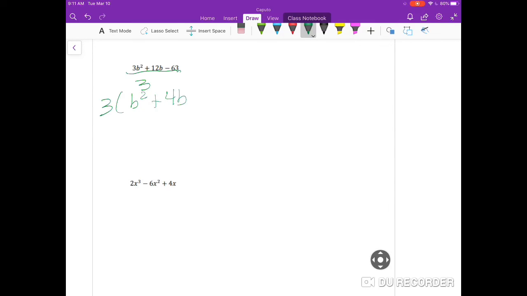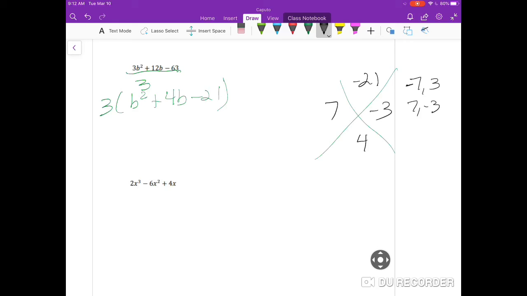Divide by 3, negative 21. Okay. Now, make your x. Numbers that multiply to negative 21 and add to be 4. Well, 7 and 3, but that one has to be negative. So negative 7 and 3 makes negative 4, no good. 7 and negative 3, there's my positive 4, so 7 and negative 3.